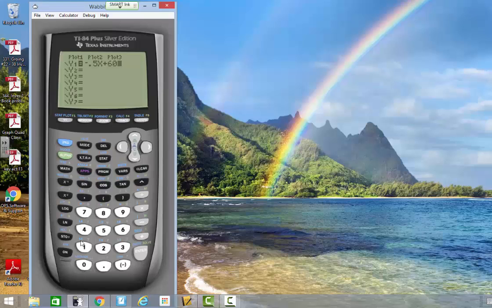Again, the window right next to the y equals is set from negative 10 to 10. So maybe you could go from 0 to 10 counting by 1. And if you plug in 0, you get 60. And so the y max could be 60, and it's going down by 1/2 every single time.